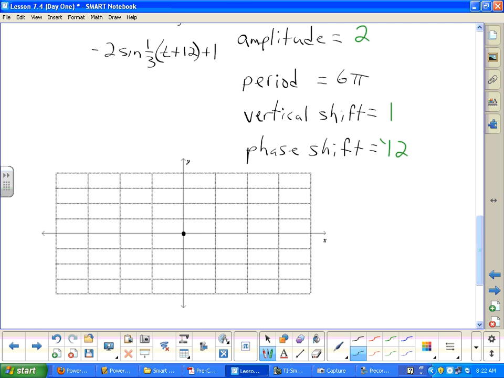So in this case, we're going to go up to 3, because the vertical shift is 1, so we've moved the whole graph up 1, from 0 to 1. And then we're going to stretch it out by a factor of 2. So that means we're going to go up to 3 and down to -1.